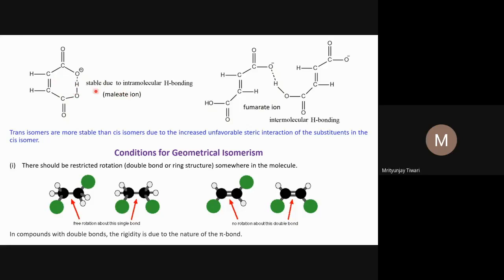That is why chelation is energetically a more favorable case. If there is intramolecular hydrogen bonding, molecules gain more stability than in the case of intermolecular hydrogen bonding, because with intermolecular hydrogen bonding the adverse effect of entropy comes into play.